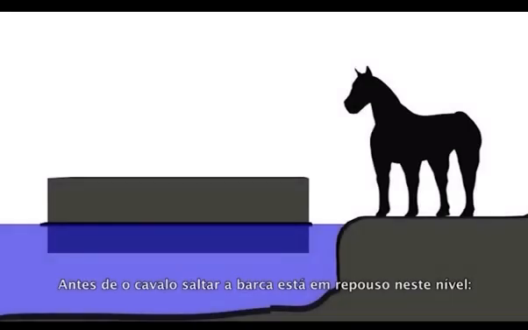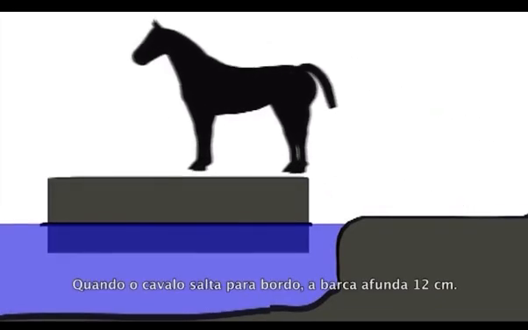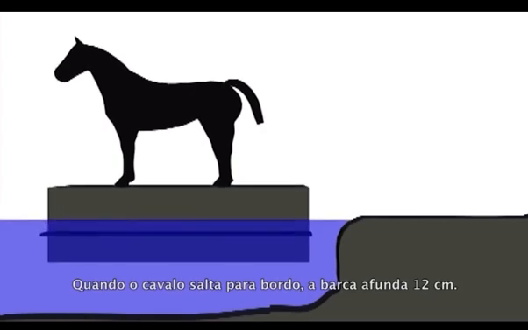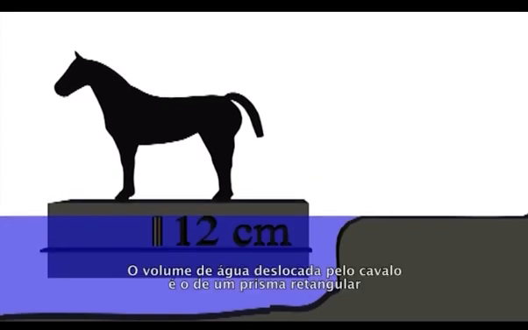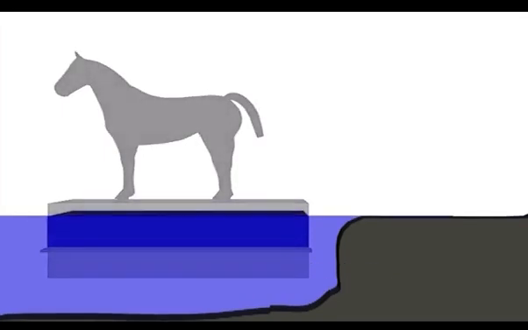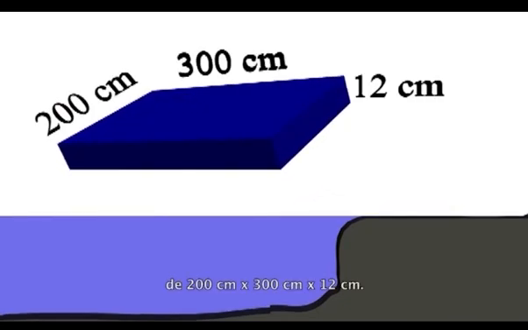The barge, before the horse is loaded, is sitting at this level. It has displaced water equal to its own weight. When the horse jumps aboard, the barge sinks another 12 centimeters. The volume of water displaced by the weight of the horse is a rectangular prism. 300 centimeters by 200 centimeters by 12 centimeters.